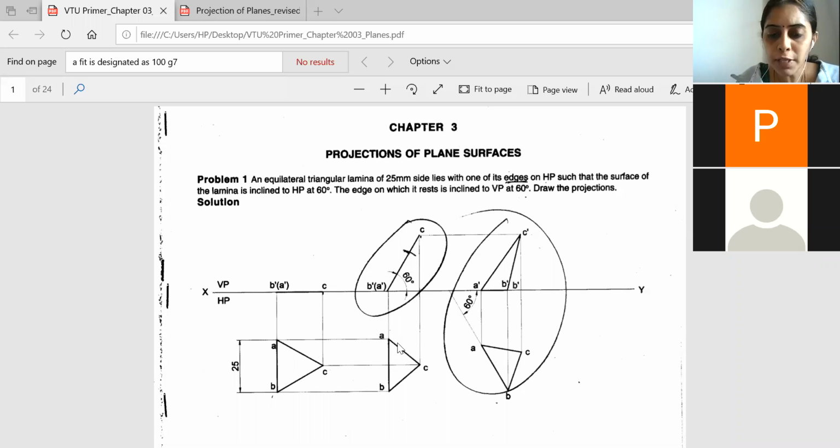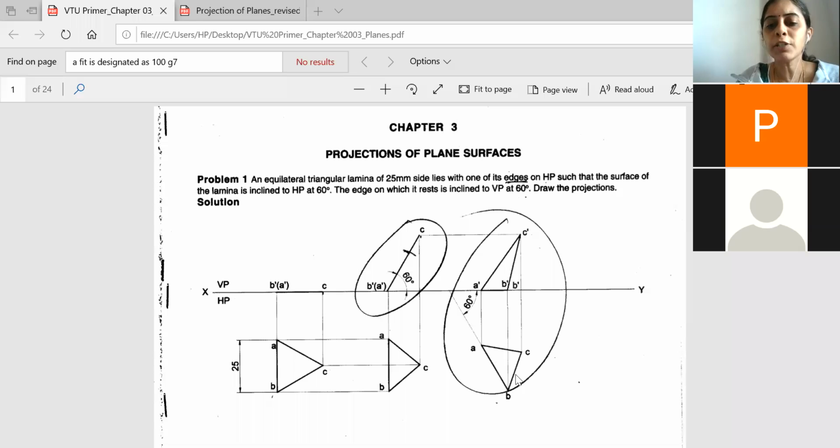So now you have to see what is the dimension from A to B. We'll measure this distance with the compass. You fix any point here as A. From there you will just cut an arc. So that distance will give you AB. After that, you have to measure the distance from B to C using the compass.